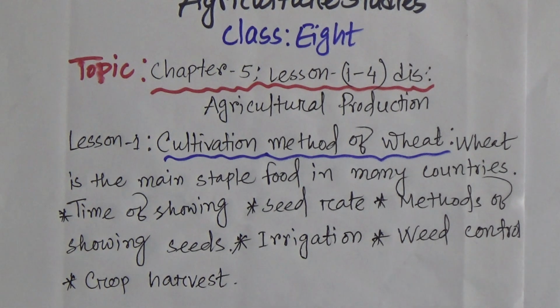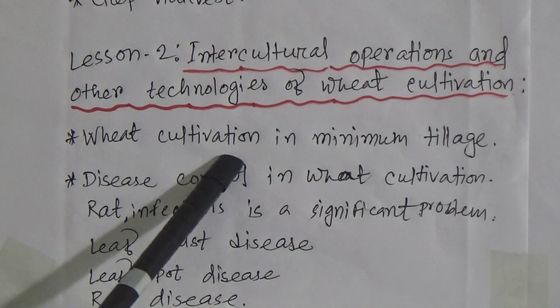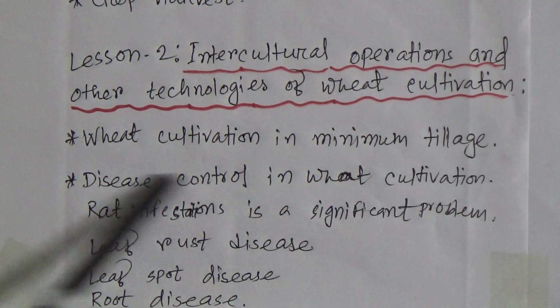intercultural operations and other technologies of wheat cultivation. Farmers should try to cultivate wheat with minimum tillage.